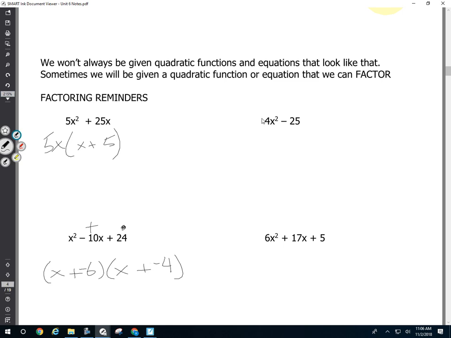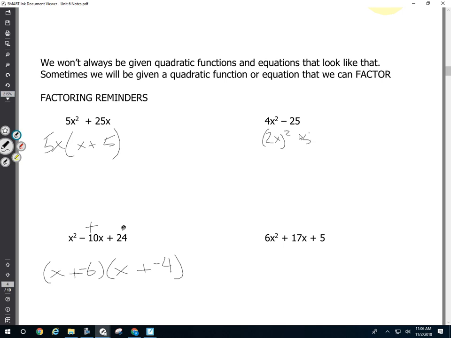We may have a difference of squares. This is 2x being squared.